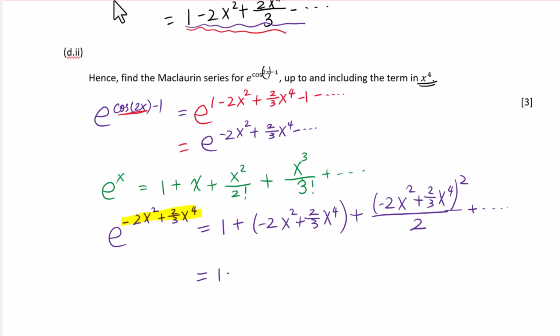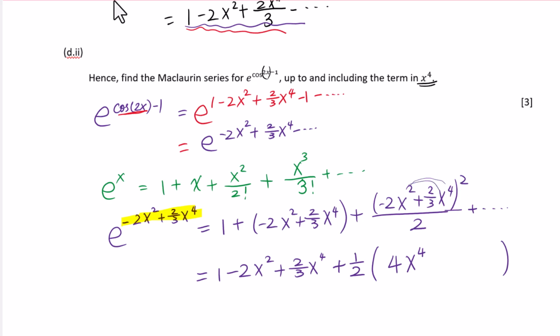Organize: 1 minus 2x squared plus 2 over 3x to the fourth power plus 1 over 2. Negative 2x squared squared will be 4x to the fourth power. This one squared goes to x to the 8th power.